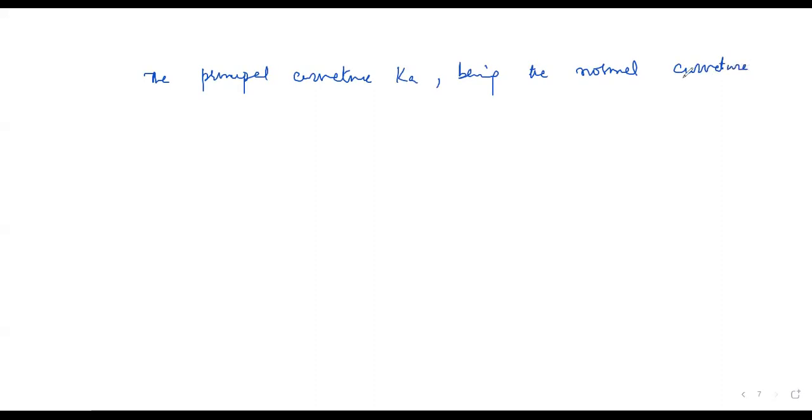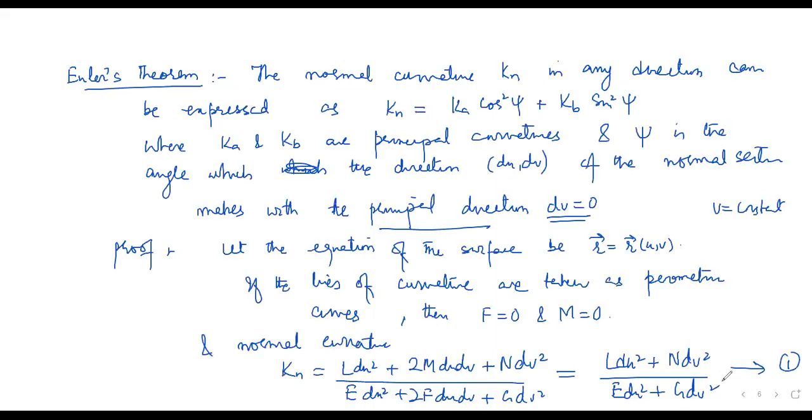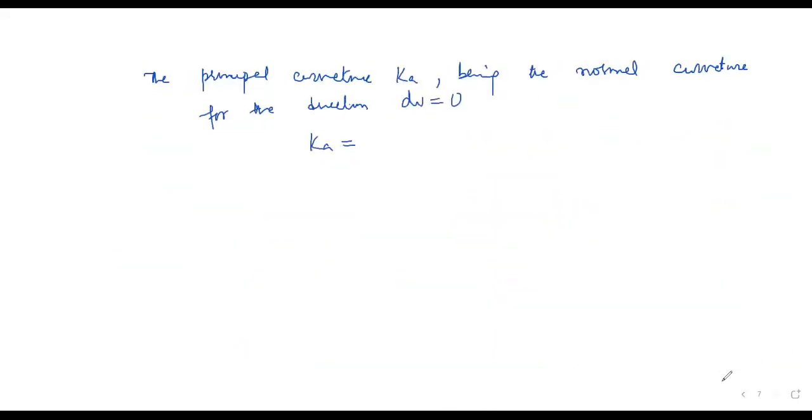now since the line of curvature is our parametric curve, for the direction dv equal to 0 in a u curve, k sub a would be, put dv as 0 in the above, L by E. It's just L by E because du cancels.